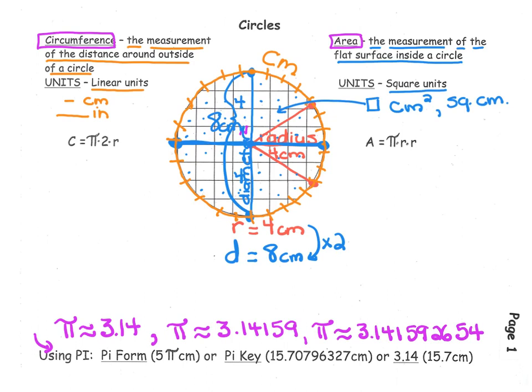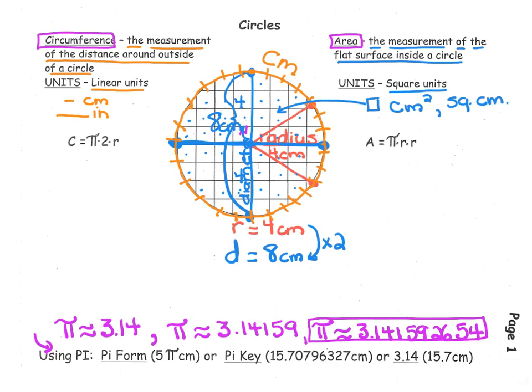So, although there are a lot of options, we're going to be using the pi key today as we calculate the circumference and the area of this given circle. Let's begin. Make sure you have a calculator and record the notes on your paper.